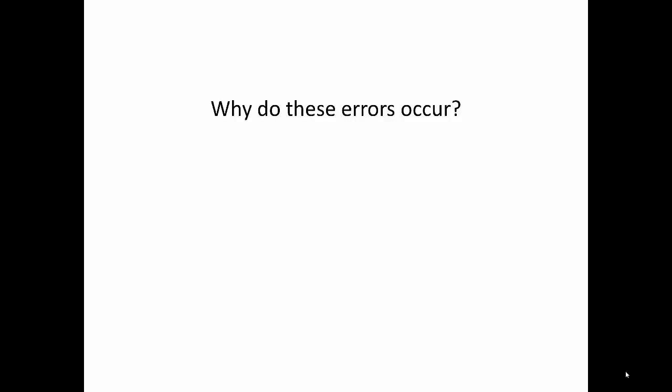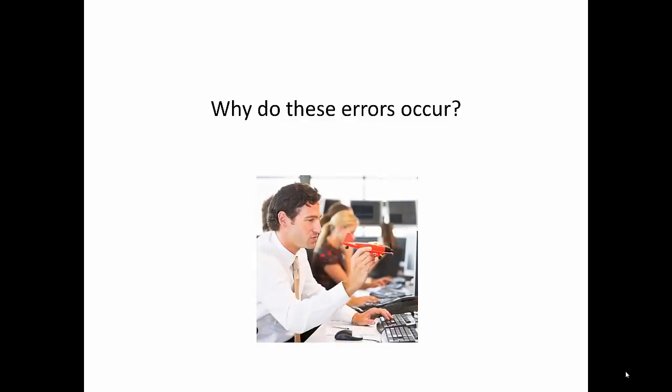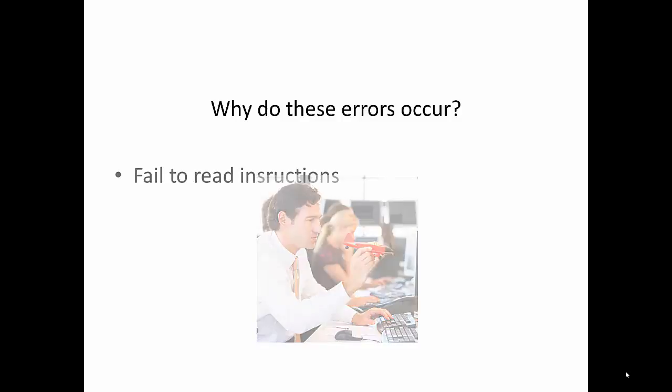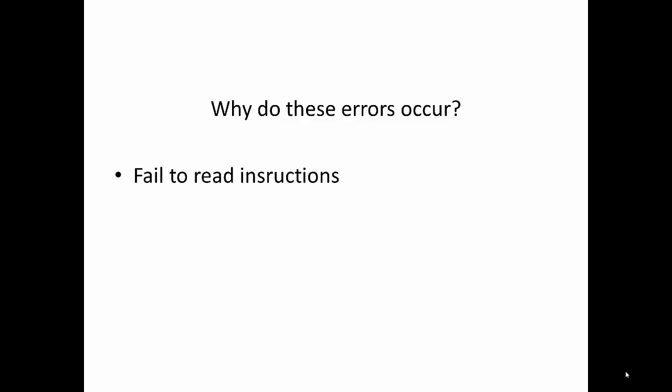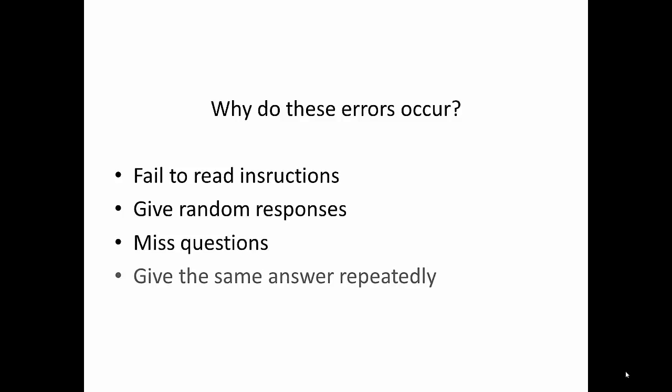Why do these errors occur? The main reason why survey data can contain a lot of errors is that participants are either not paying sufficient attention to what they're doing, or they lack the motivation to answer the questions diligently. When participants give insufficient attention or effort to a survey, they may fail to read instructions, give random responses, miss questions, or choose the same answer many times in a row.